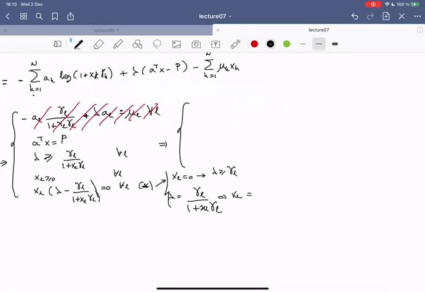And then it turns out that XL is 1 over lambda minus 1 over gamma L. So then we have these two expressions.